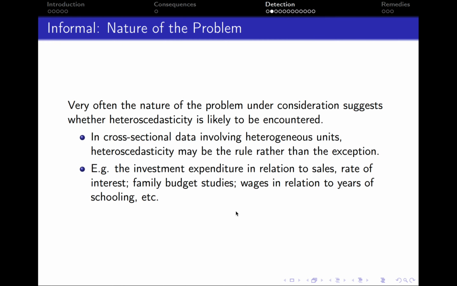So I think from this example you should get 2 points: that heteroscedasticity is very much present in cross-sectional data, and it is also present when you deal with very diverse units like human beings, when you compare, for example, their wages to the years of schooling, or when you compare their income to their consumption. So those are the 2 cases when the nature of the problem already tells us that there might be the problem of heteroscedasticity in your data set.